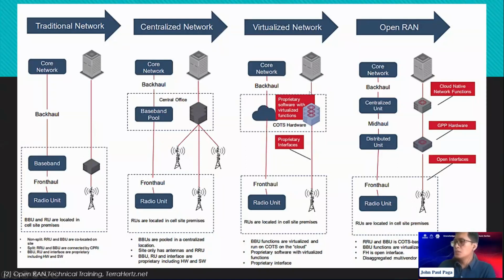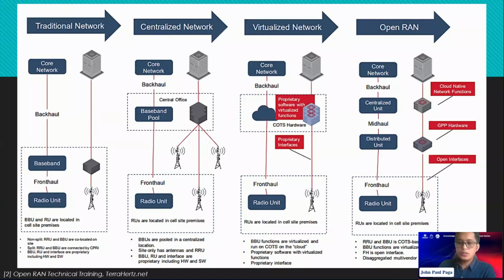Okay, and as we learned earlier, di ba? The Open RAN is a movement. So we open those hardwares. Hardwares will be commercial off the shelf. Okay, we open those softwares, they are now open source softwares. We open also the interfaces para those different vendors of hardware and softwares, okay, they can communicate with each other.